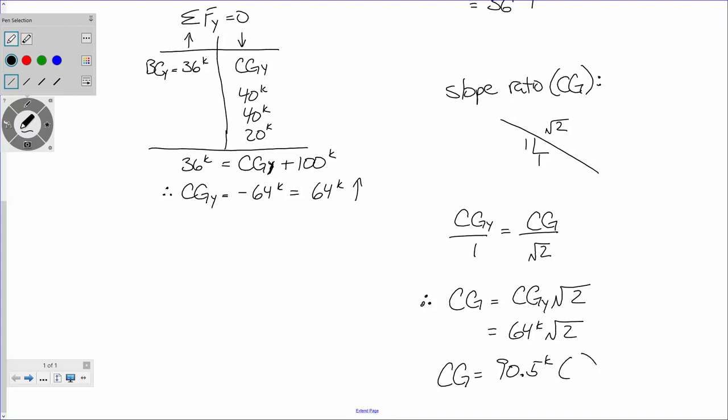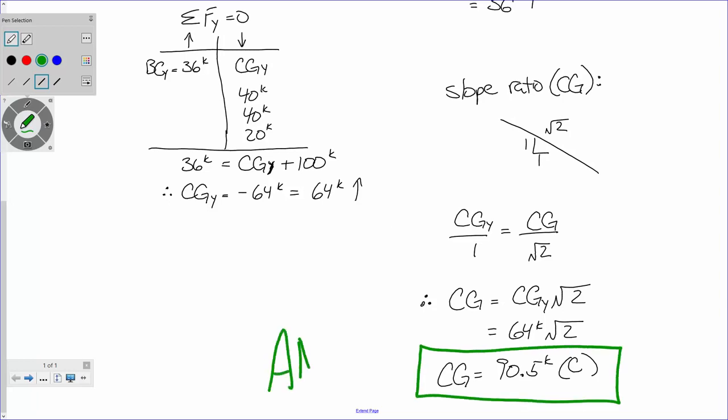And is that tension or compression? Compression. Yeah, we've already made that observation that based on the fact that our answer came out negative, we just know it's in compression.